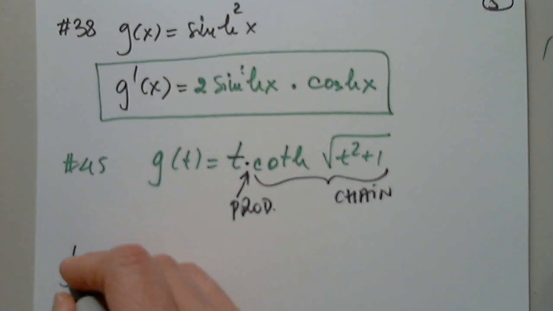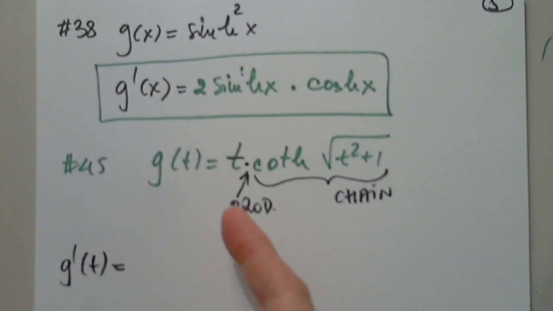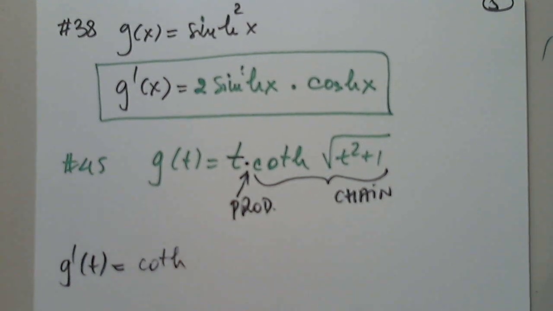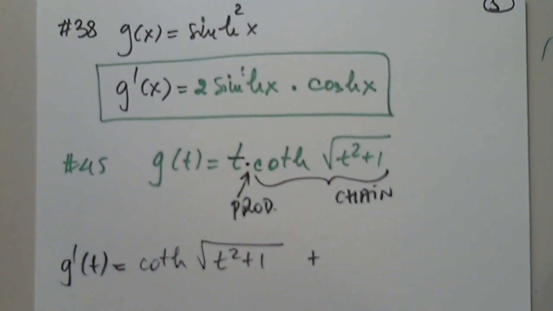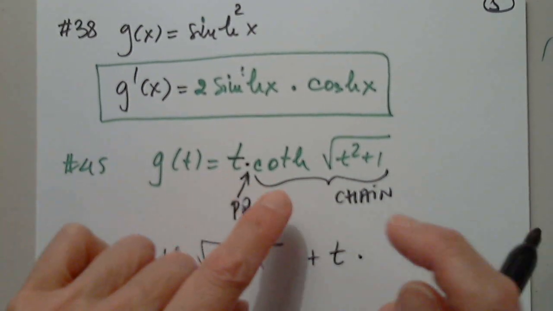Thank you. So g prime of t. The first function prime is? One. Very good. Times the second function. So I'm going to copy hyperbolic cotangent of the square root of t squared plus 1. Plus, I copy the first one times.